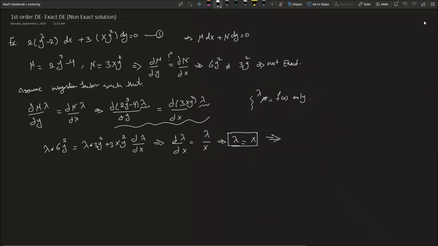So from that, you need to multiply equation number 1, the main equation we marked previously, on both sides by lambda.